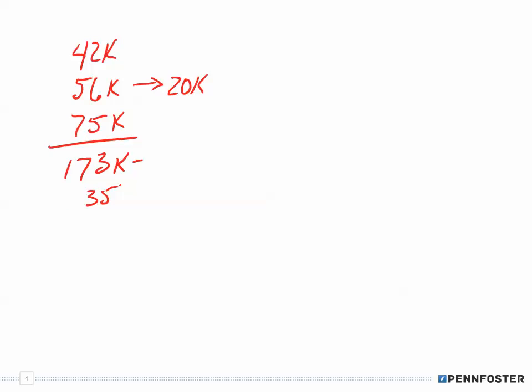So 35% of these 173,000 homes ends up being 60,000 homes, or, I shouldn't call them homes, I should call them properties, that are going to go up for auction, meaning somebody could buy them. Now, a year or so ago, I had read an article about how a lot of foreign investors are coming to the United States and buying up land and buying up properties.